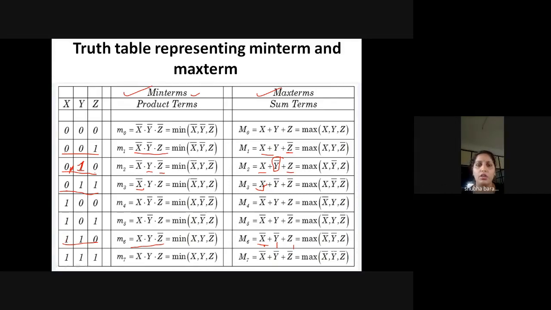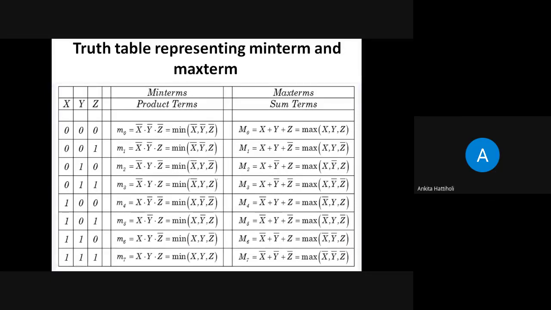You have analyzed this table, now do it by yourself. Don't copy. I'll put the recording, but do not copy. Try to do it by yourself, then try to tally it with this. So we'll finish up the class here.